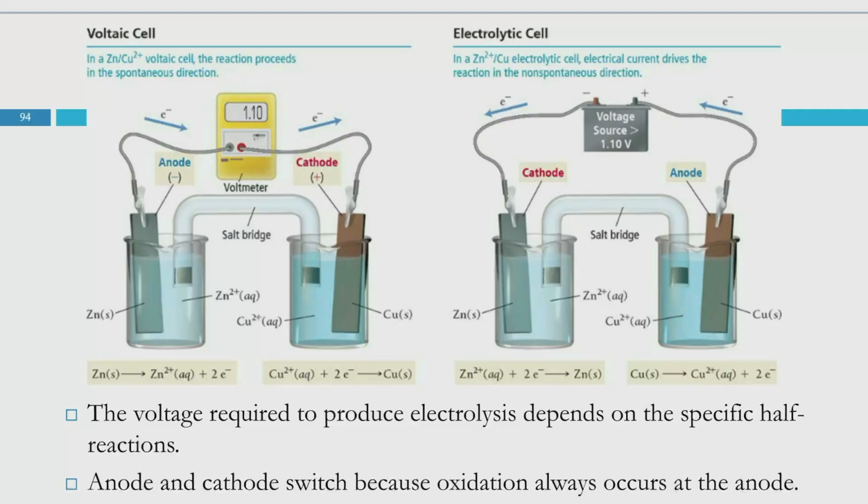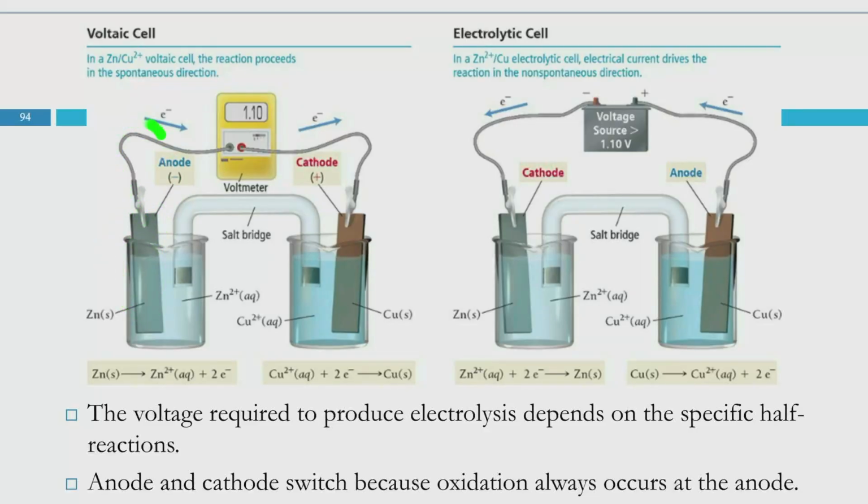A voltaic cell, the spontaneous reaction for a zinc and copper voltaic cell proceeds spontaneously. We've got 1.10 volts, and this is the typical electrochemical cell that we're used to seeing. So we've got our anode, oxidation occurs at the anode.